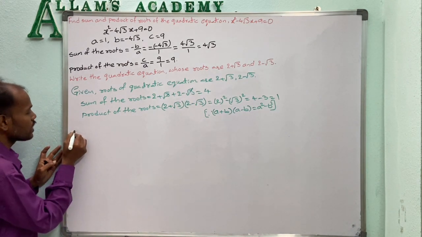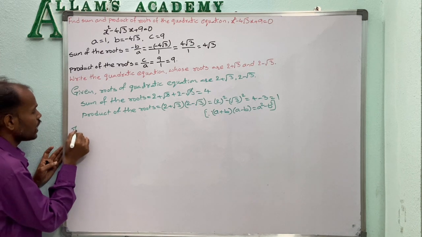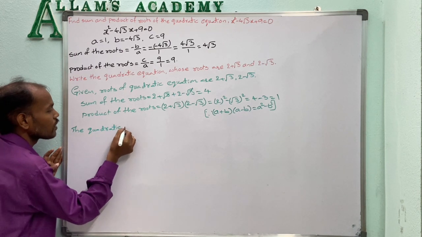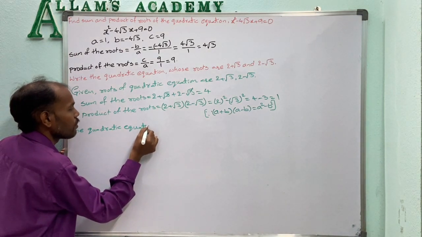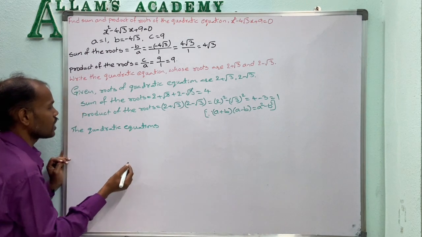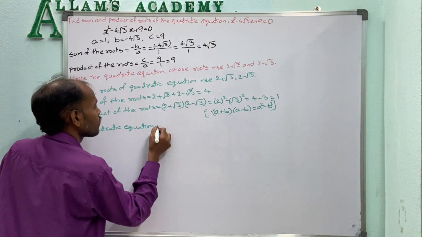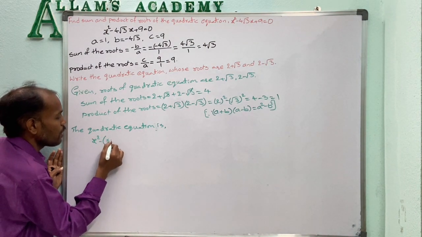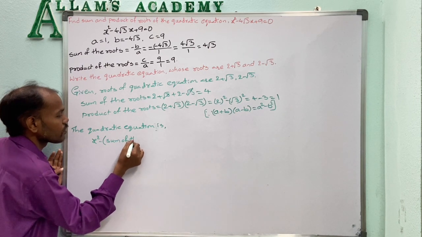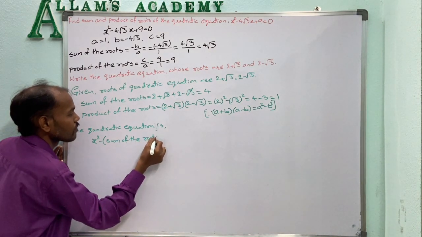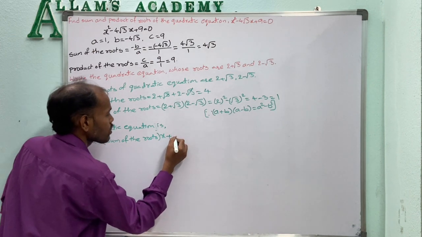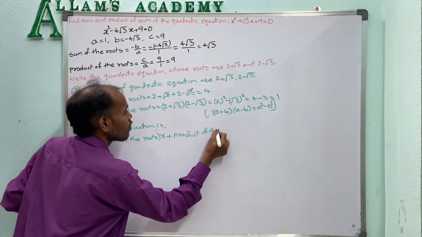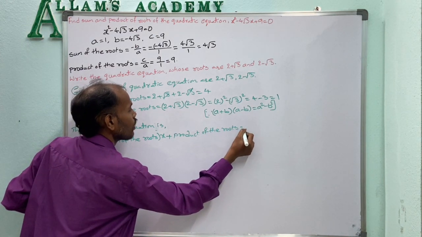So now, if the sum of the zeros and the product of the zeros are given, the quadratic equation is x square minus of sum of the roots into x plus product of the roots equal to 0.